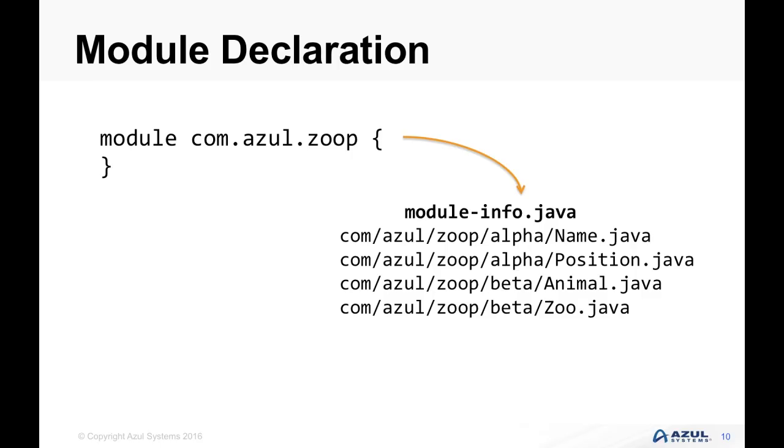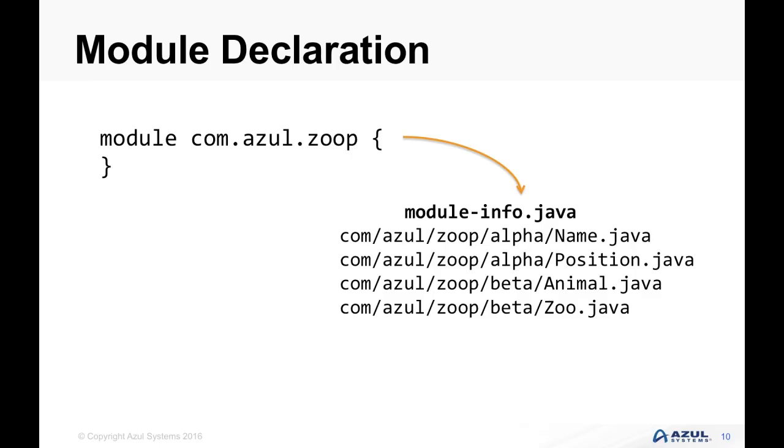Because even though it's a module-info.java file, it's not really a Java file. So why would you call it Java if it's not really Java? Well, the reason is that in order to make life as simple as possible for you as developers, what the designers of Jigsaw wanted to do was to allow you to use the existing tools and runtime technologies. So we call it module-info.java, even though it's not really a Java file. So you don't need to worry about being parsed in the same way and affecting other Java code.